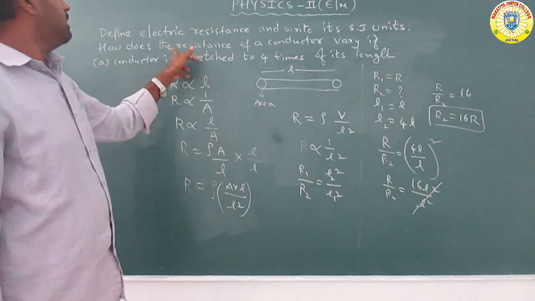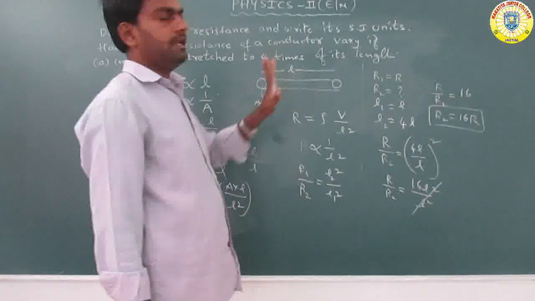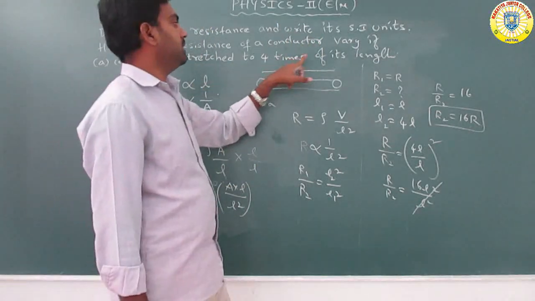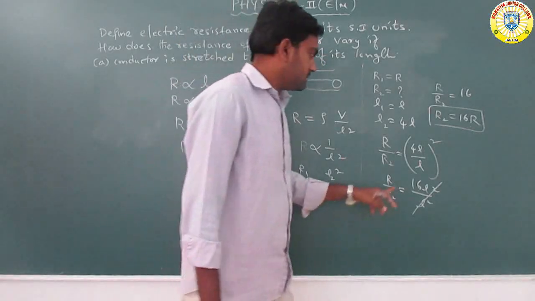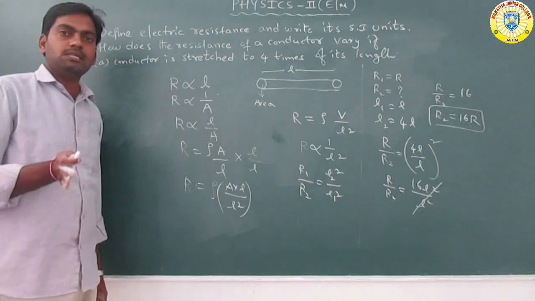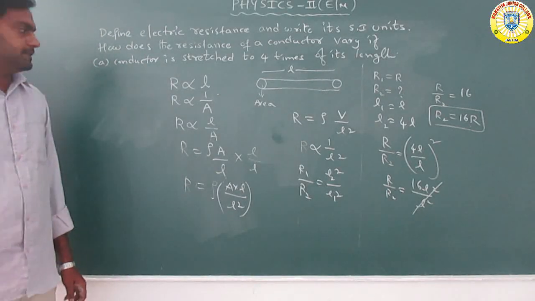So how does the resistance of a conductor vary if the conductor is stretched to 4 times its length? The resistance changes by 16 times. Okay, got it.